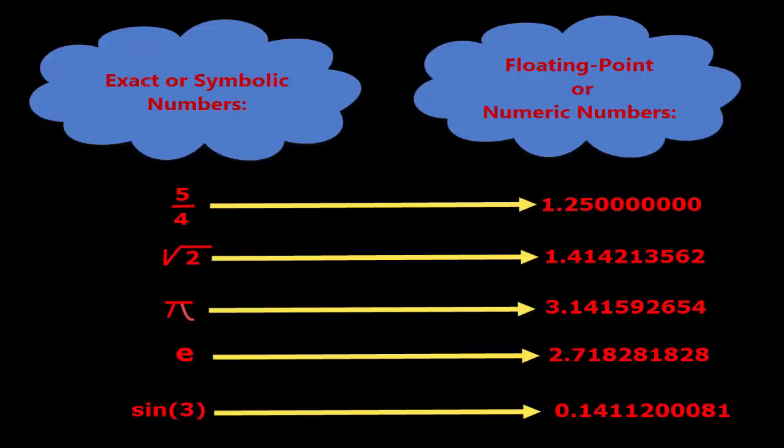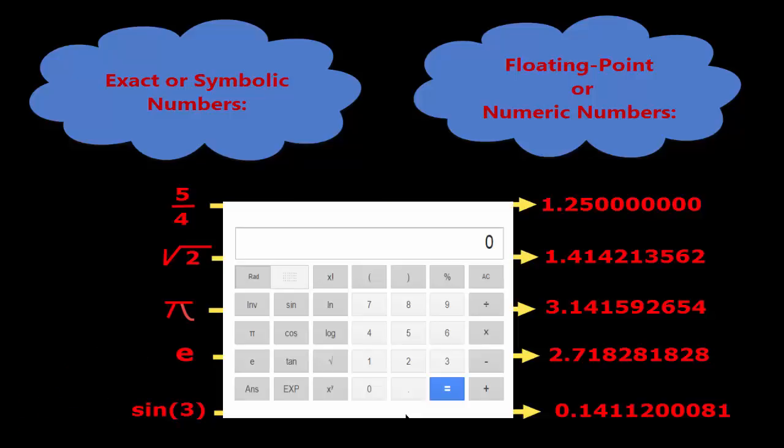Exact or symbolic numbers, such as 5/4, the square root of 2, pi, sin 3. By using a simple calculator, we can get the floating point or numeric numbers, which are equivalent to these exact or symbolic numbers.